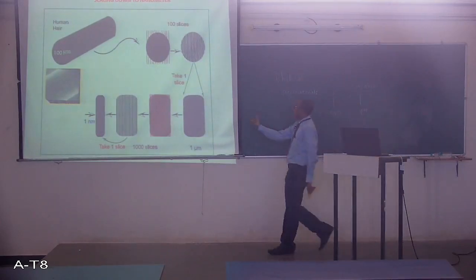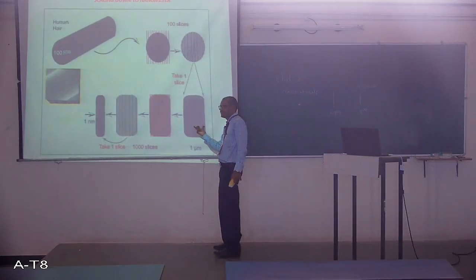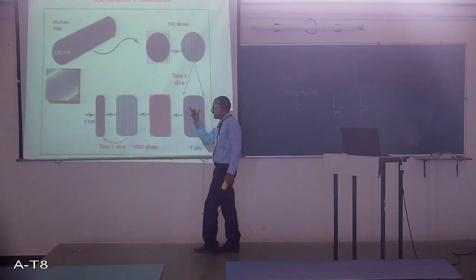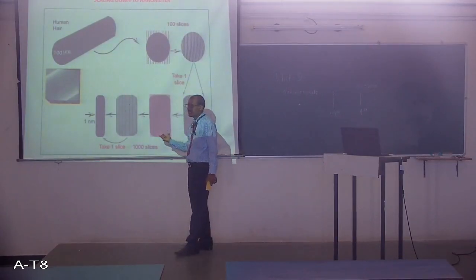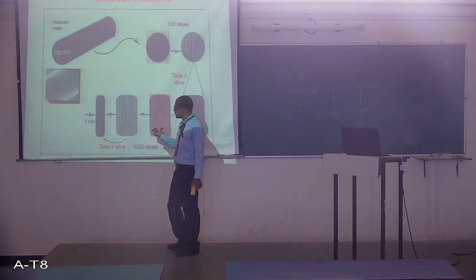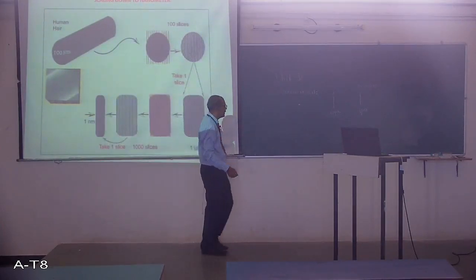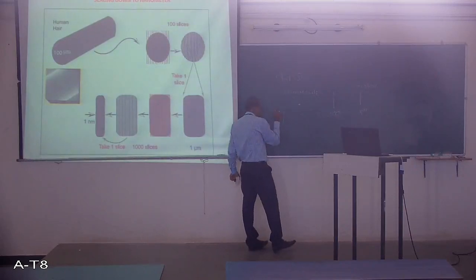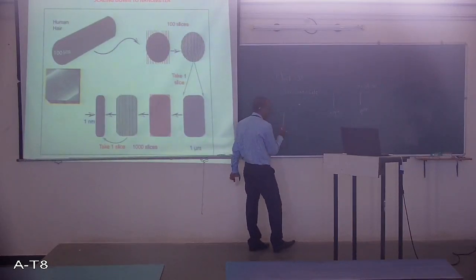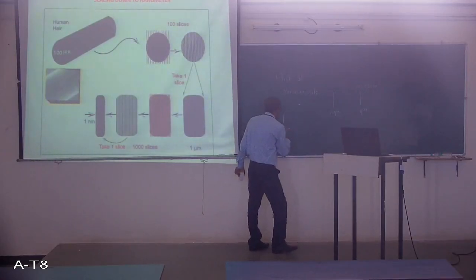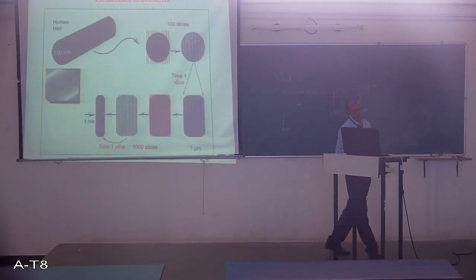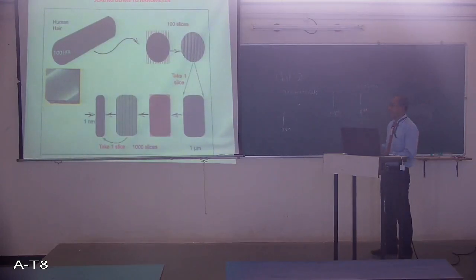Again, if you take 1 micrometer and make 1,000 slices, the thickness or size of one slice gives 1 nanometer. That is a very small particle.